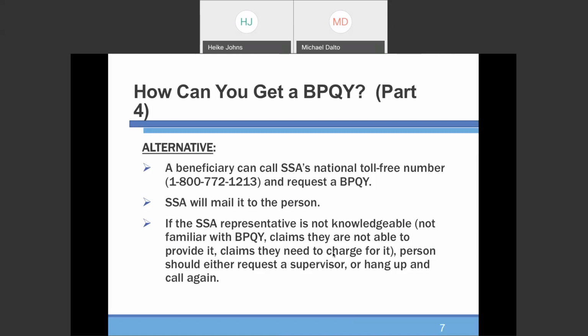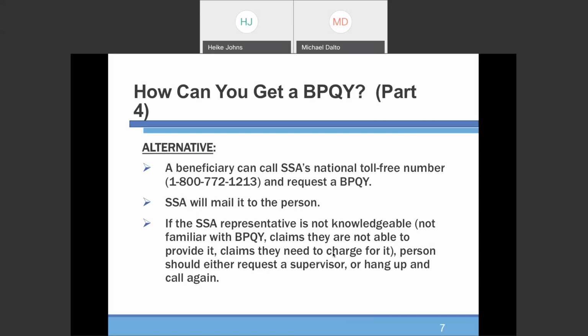So if the individual gets an unknowledgeable representative, they have a choice. They can ask to speak with a supervisor. The supervisor should certainly know what a BPQY is and that the person can request it and get it for free. Or if they prefer, they can just hang up.